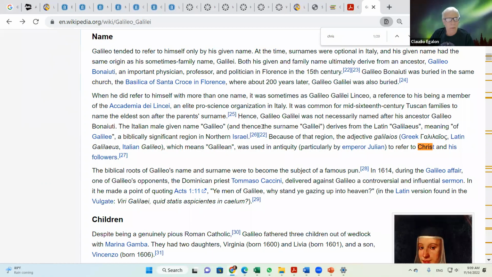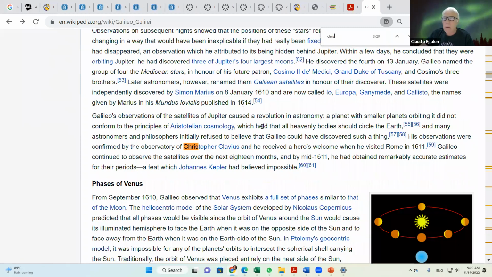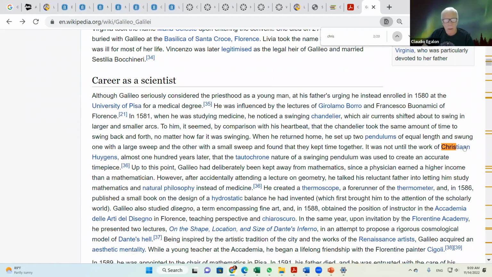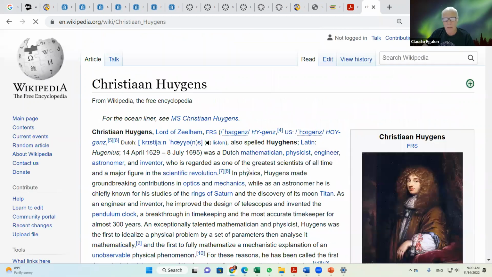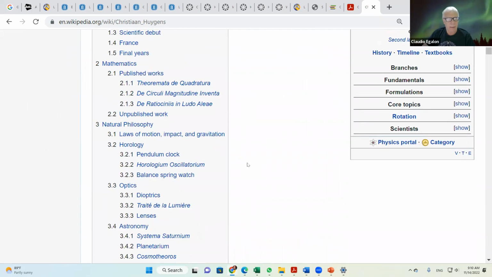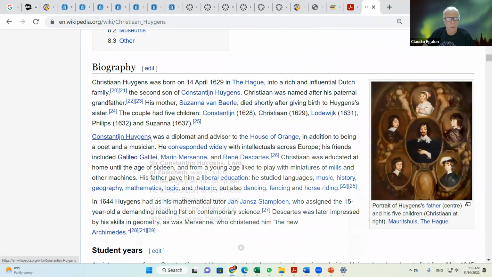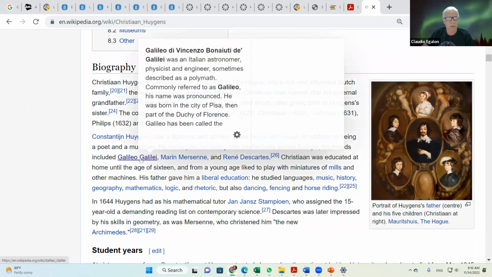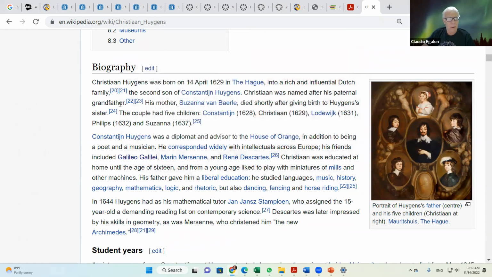Mathematics. He corresponded widely with the intellectuals of his time. Christian Huygens was a friend of Galileo Galilei.